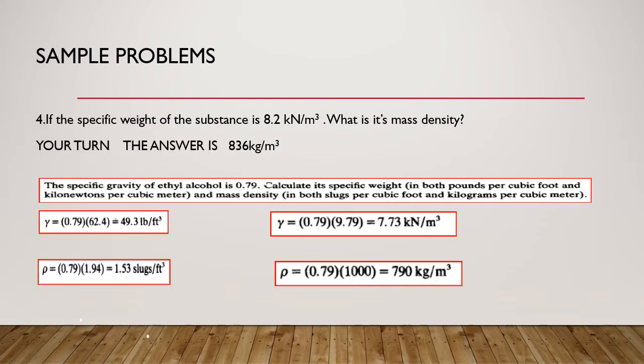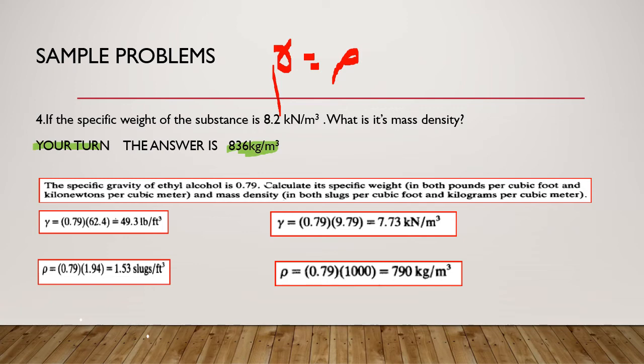Okay, we have another problem here, which is problem number 4 or number 5. If the specific weight of the substance is equal to 8.2 kilonewton per cubic meter, what is its mass density? Nako, napakadali na po nito. Kayo na po bahalang mag-solve. It's your turn. The answer is 836 kilogram per cubic meter. Ano ba ito? Sige nga, bigyan natin kayo ng tip bago nyo solve. Ito ay unit weight. Ang hinahanap sa atin, mass density, which is rho.